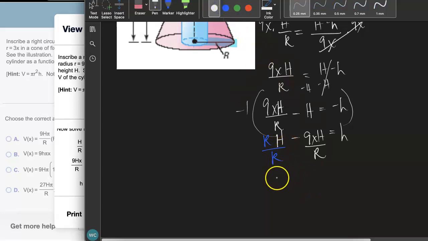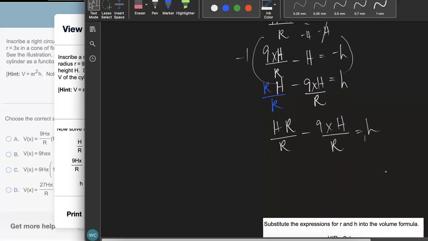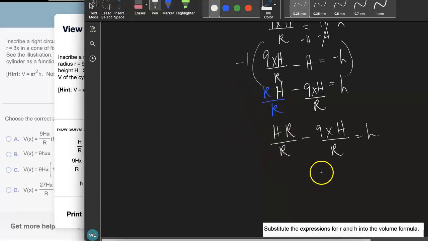Okay, that gives us Hr over r minus 9xh over r equals lowercase h. I can then combine those two by subtracting those numerators. And I see one more thing that happened over here: they have this expression factored from its numerator.